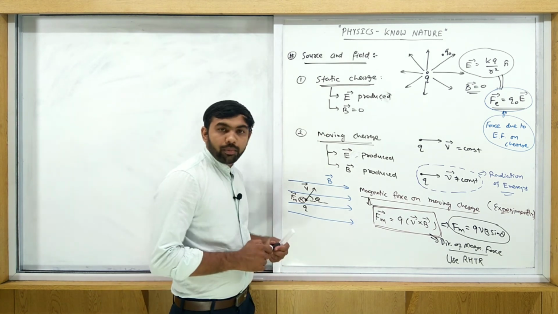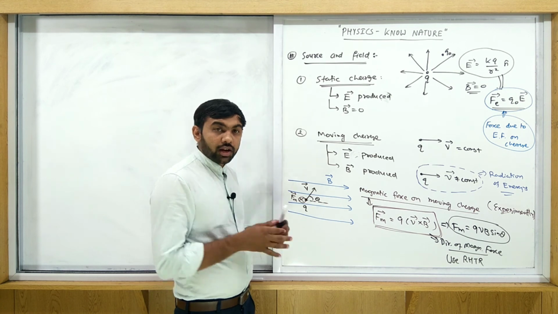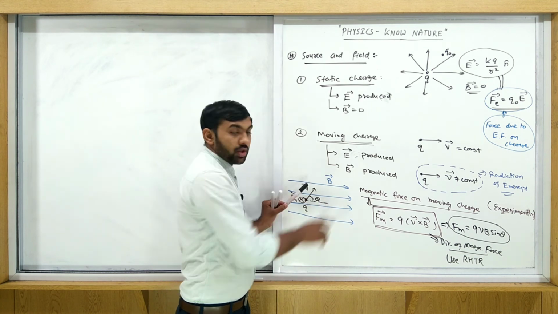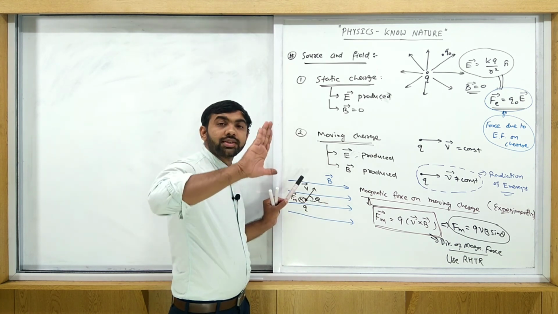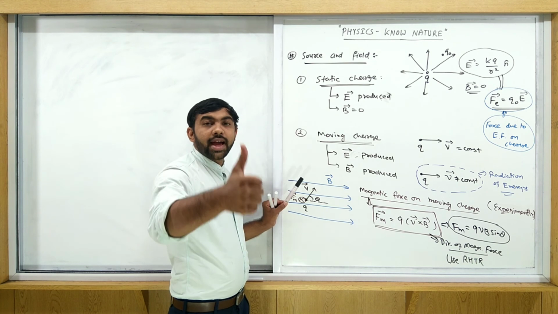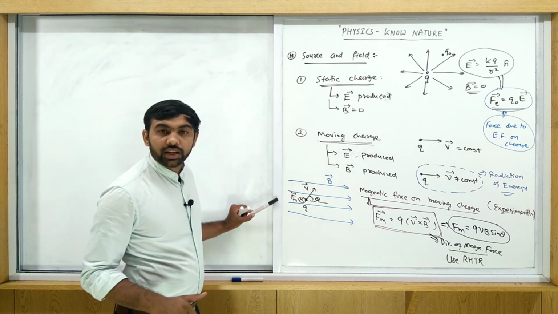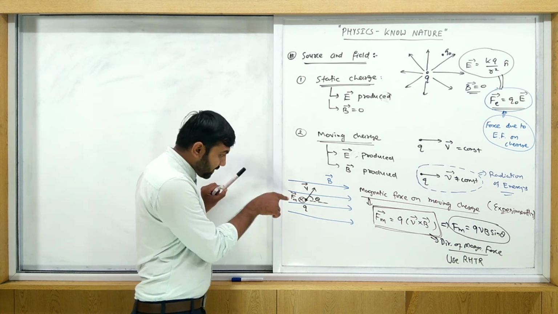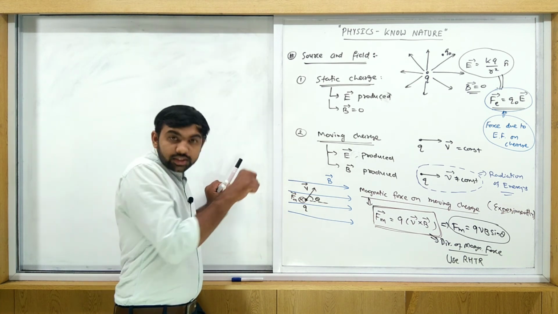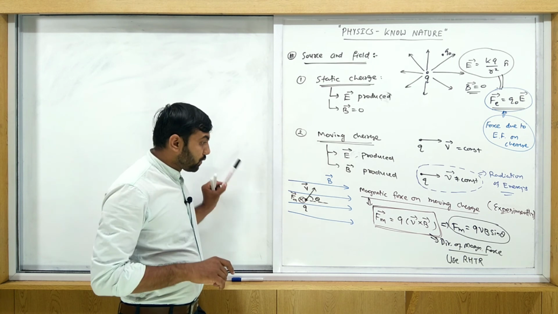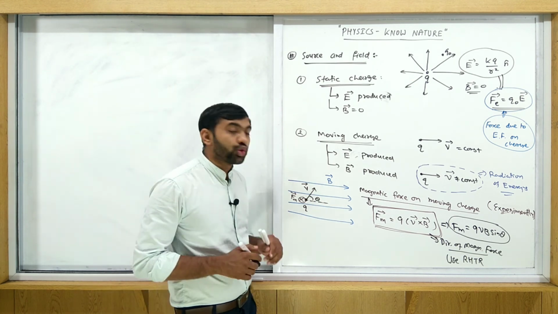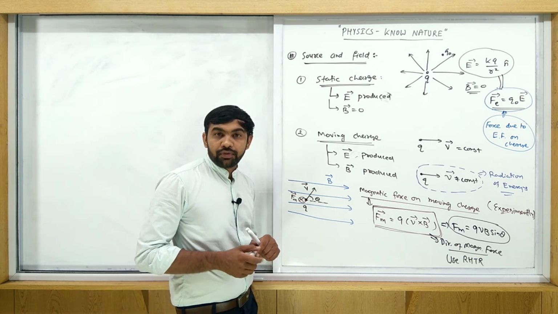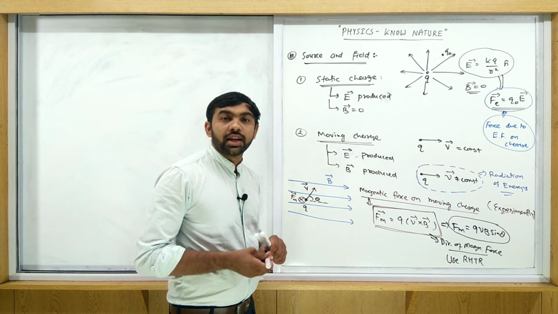Arrange your right hand fingers parallel to V. Curl your fingers towards B. So thumb direction is equal to force direction. In the present situation, the force is into the plane, and this Fm is always perpendicular to V and B both.